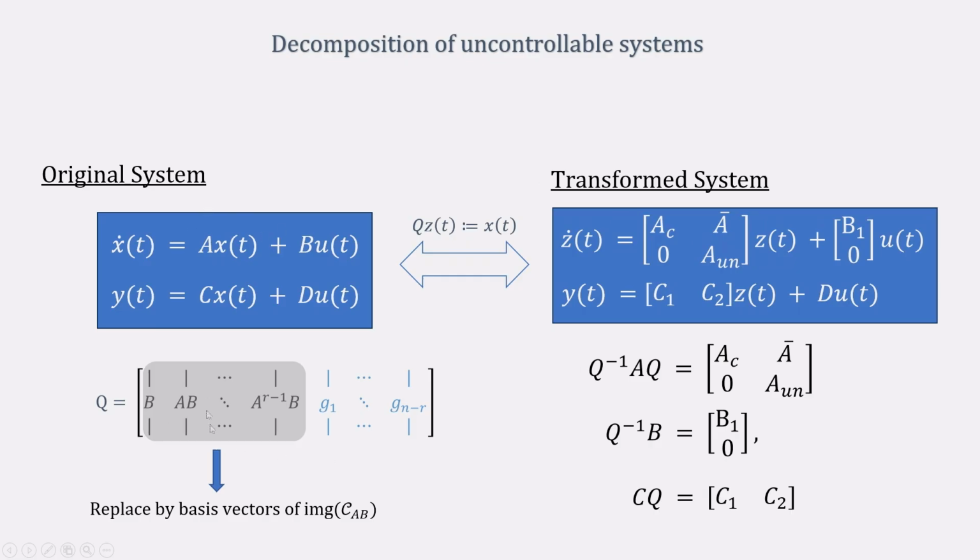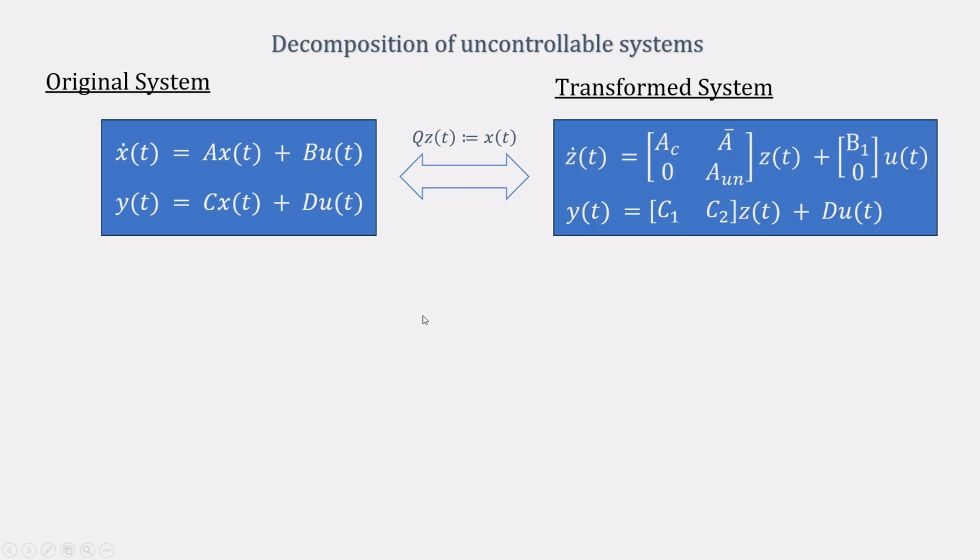again to recap, this was the way by which we had gone to the controllability canonical form of a system, where the first R vectors here we chose to be basis vectors of the image of the controllability matrix, okay, and this was what the transformed system looked like.